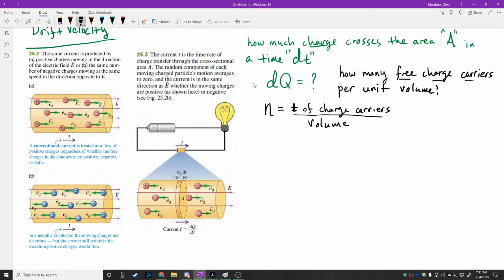So I would argue that if I want to find the amount of charge dq, right, what I would need to do is take the number of charge carriers per unit volume, multiply by volume, and then also multiply by Q, where Q is going to represent the charge on an individual carrier.